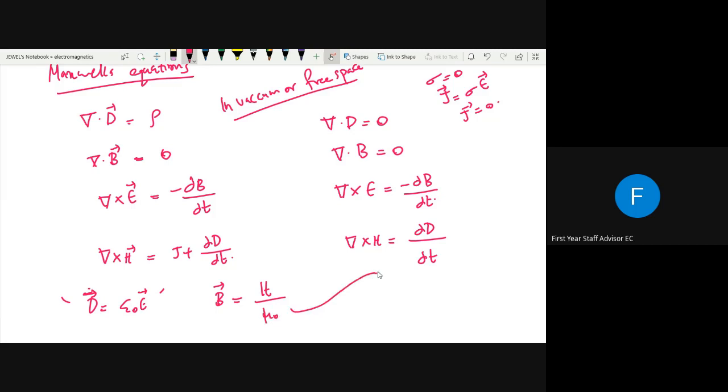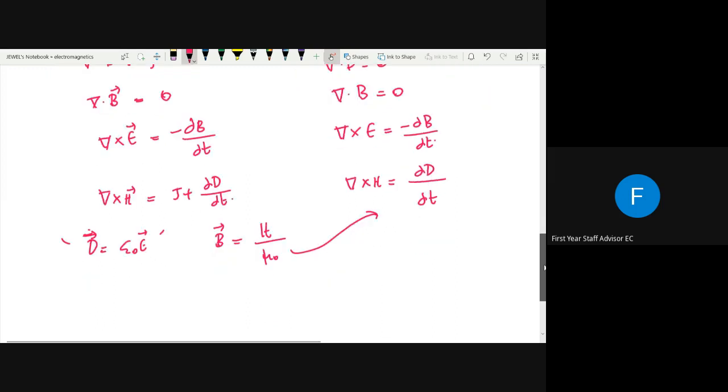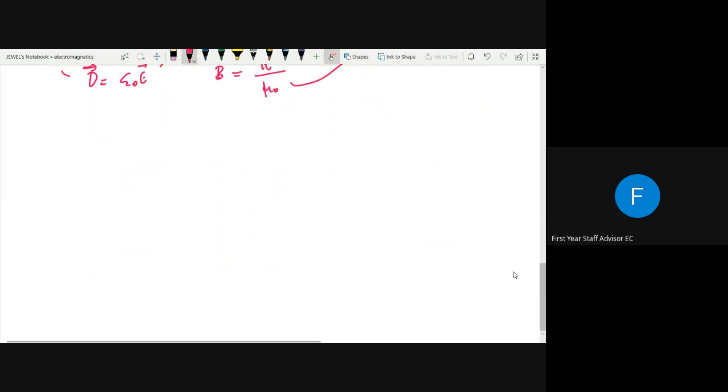So substituting this expression here, we can write the first equation of Maxwell's, divergence of E, or del dot E equal to 0. The second equation can be written as divergence of H as 0.